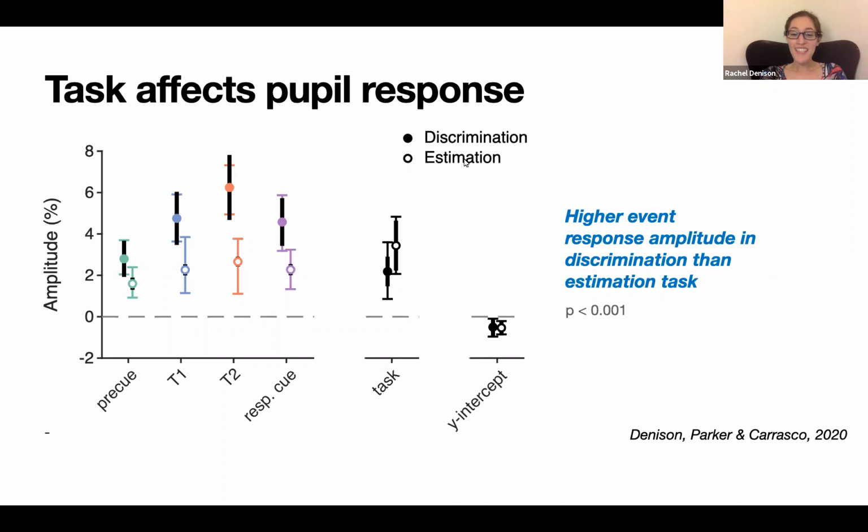This could be because the pupil is more dilated at baseline in the estimation task because of this higher cognitive demand. So it actually increases less during the trial itself. This scientific finding is potentially interesting. It needs to be followed up on, but for our methodological purposes here, this finding demonstrates that the modeling approach is sensitive to cognitive manipulations of this kind.